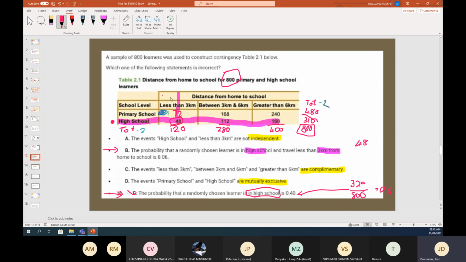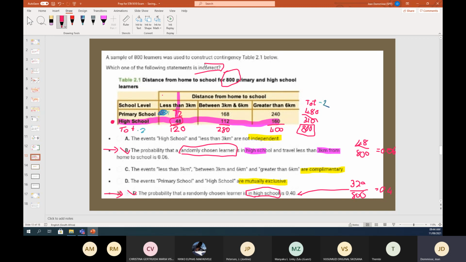And again, the probability of it being randomly chosen means that we divide by the full 800. So that will give you 48 divided by 800, which I assume will give you 0.06. Okay, so that was also correct.